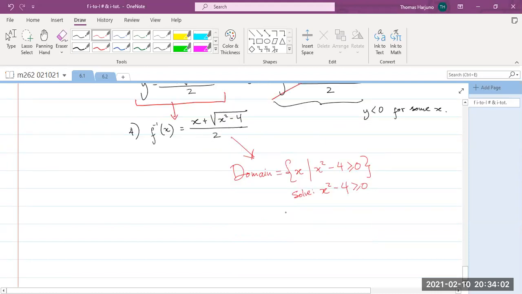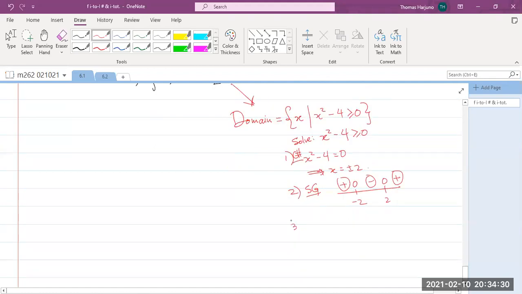Step 1, I find the critical numbers. x will be plus or minus 2. Step 2, I do the sign graph, the zeros of the polynomial. This is positive, negative, positive.